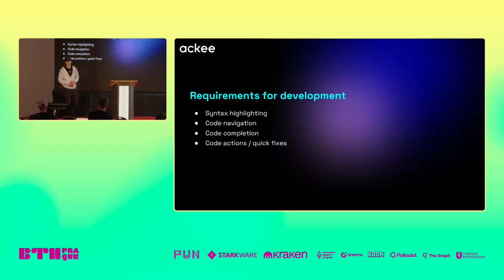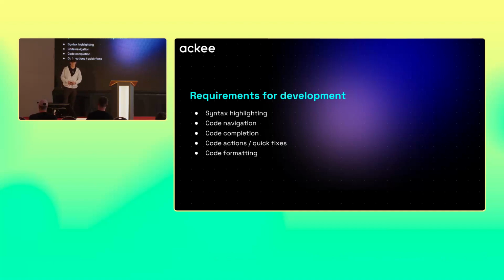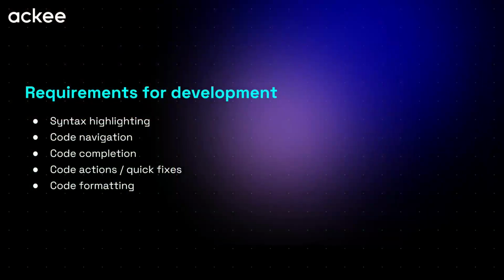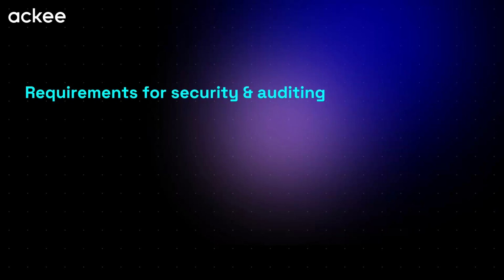Some code actions for fixes in the code. Code formatting to make our code prettier. And some refactoring features like renaming symbols. And of course, we need compilation during development. And finally, debugging, because developers don't like bugs, but auditors do.